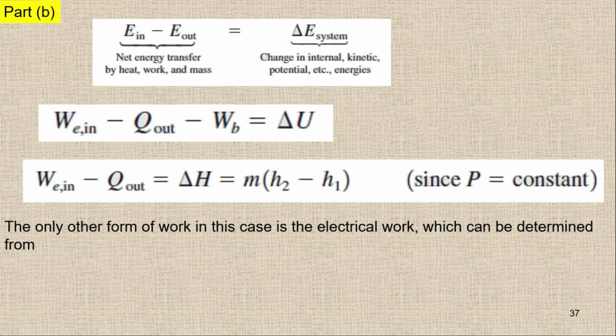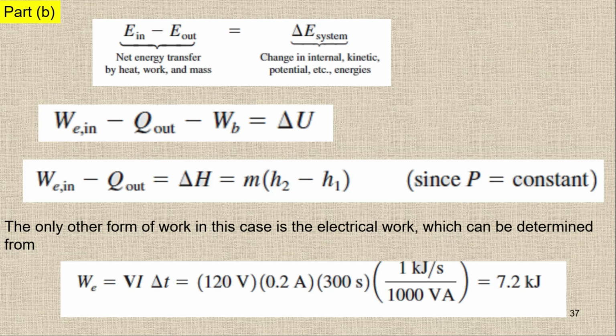While the power is the rate of change of work, the power is W upon t. So if I have to find the work, I simply have to multiply power with time, while power is VI. So the electric work is simply VI times delta t, which is the time.